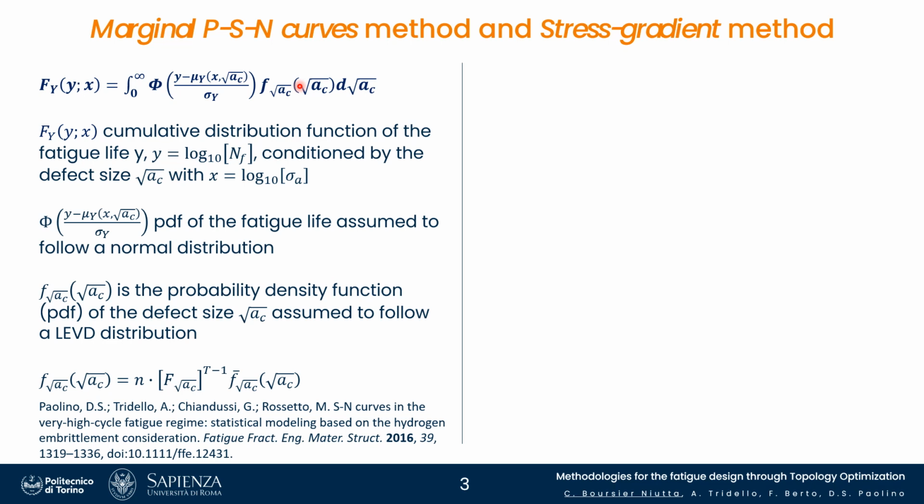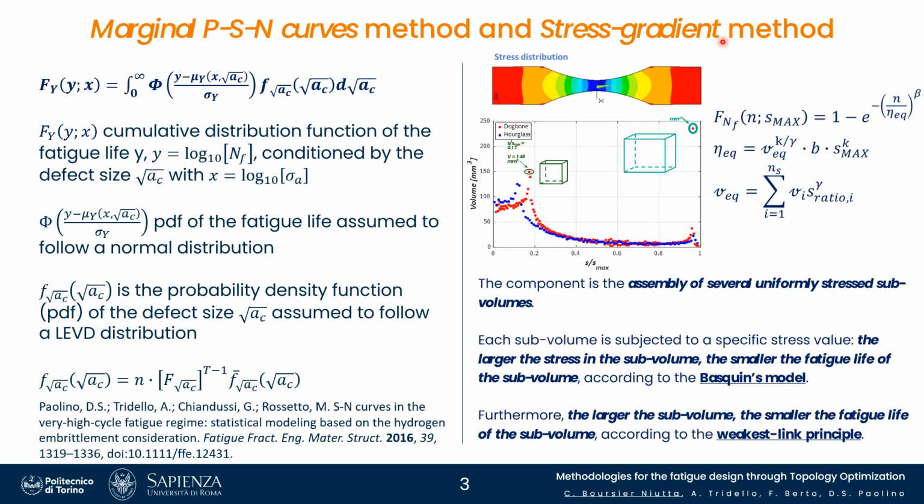We define the quantile of the curve and the number of cycles, and from that we can extract the stress, and so the corresponding fatigue strength according to that quantile and that number of cycles.